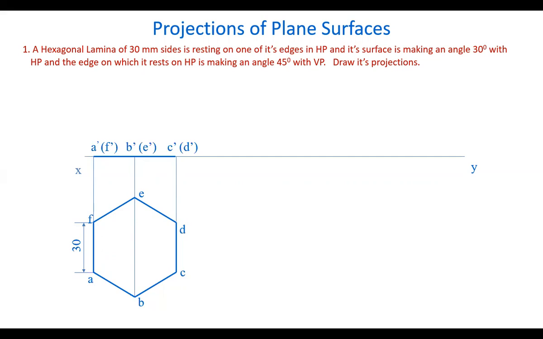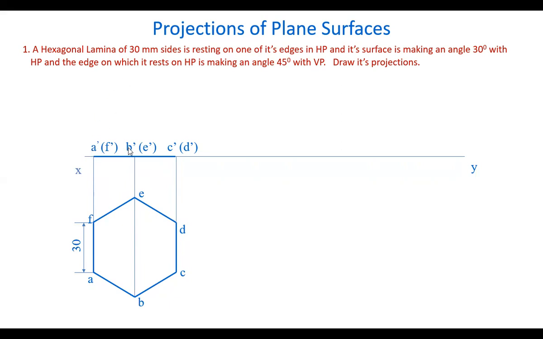Now, we have to tilt the plane to show the surface inclination with HP. Here, one of its edges is in the horizontal plane and the name is not mentioned. So, on the left side or right side, we have edges. You can lift the plane upwards like this or like this.